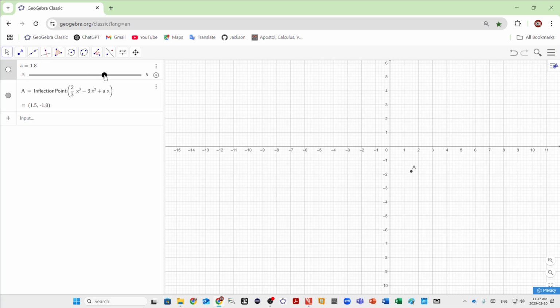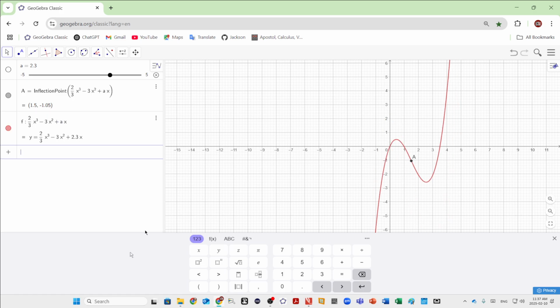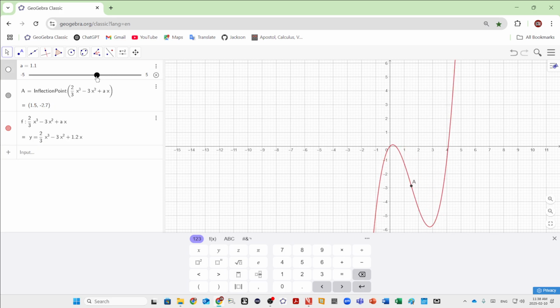This is why when I move this slider for a, that point is changing. Do you see that? They haven't drawn the graph. If you want, I can also draw the graph. y is equal to 2 over 3 x to the power of 3, minus 3x squared, plus ax. You see? If I start moving this, that point is what? The inflection point. Do you see that?